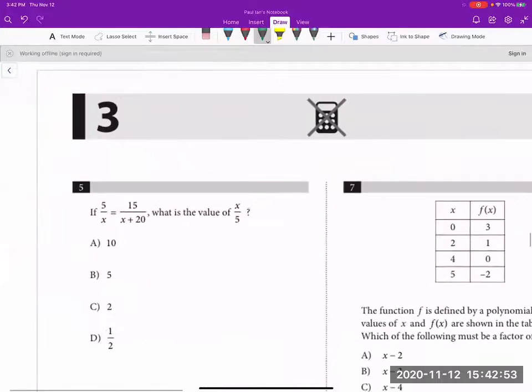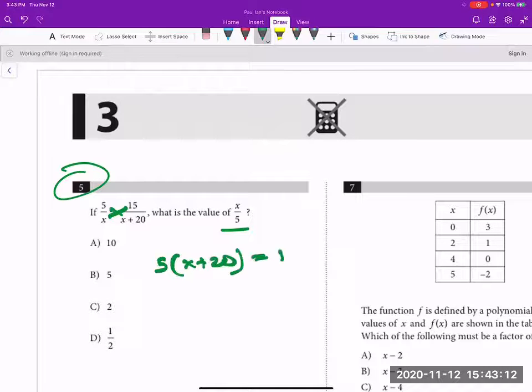And then for this one right here, it's another algebra one. What is the value of x over 5? You can't just flip this. What I would do is solve for x by cross multiplying. So 5x plus 100 equals 15x, yeah?